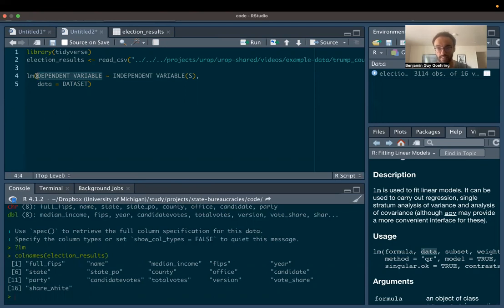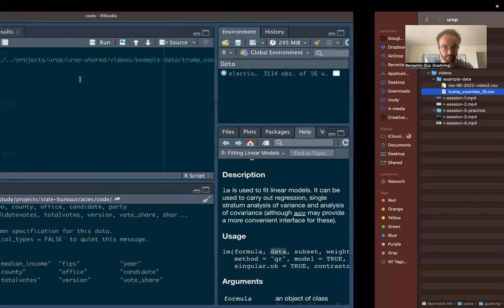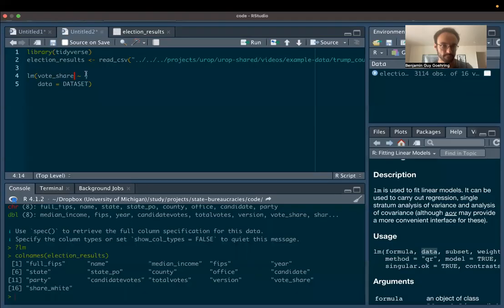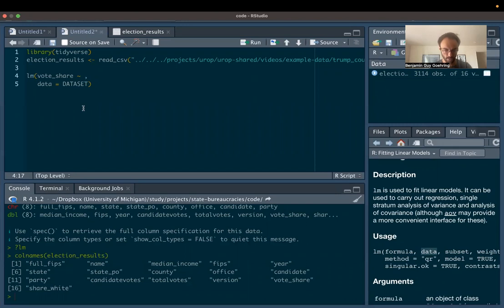Our dependent variable in this first case is the share of the county that voted for Donald Trump, which is vote share. Sorry, this is not share white. This is vote share. The independent variable is the median county income, so that one is going to be median income.